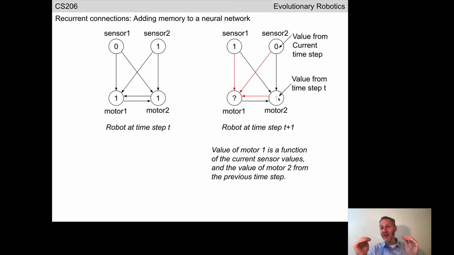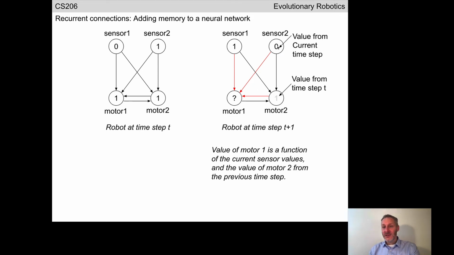So we take the last value of motor 2. Assuming that in this robot's lifetime, it's at the second or a later time step, it's computed these values previously, so we can use those previous values. So to compute the value of motor 1, we're going to take the current value of sensor 1, the current value of sensor 2, and the previous value of motor 2.